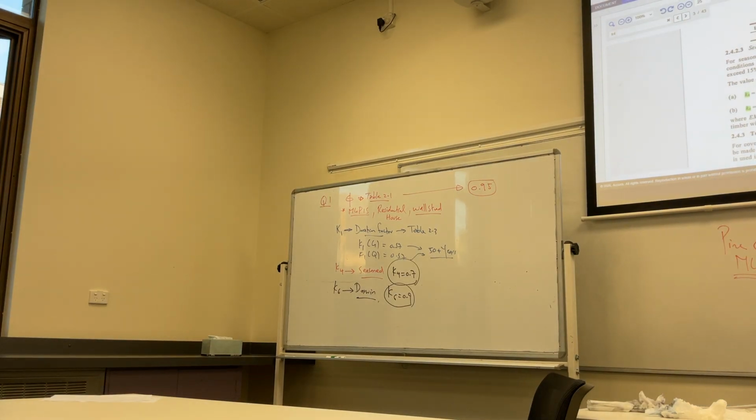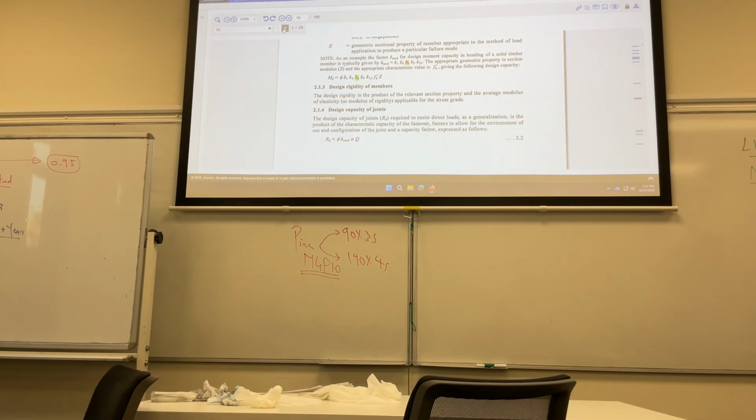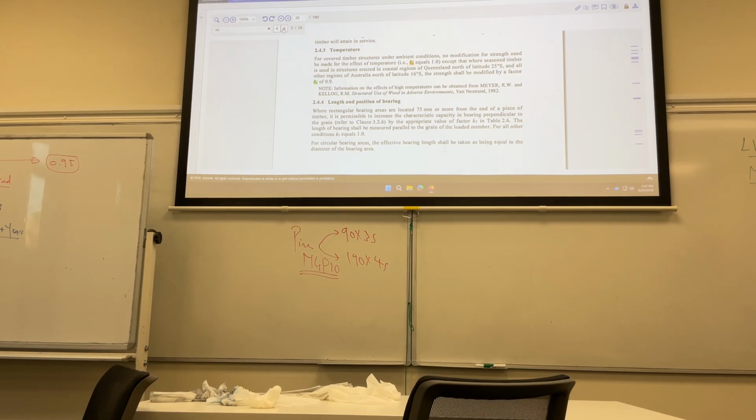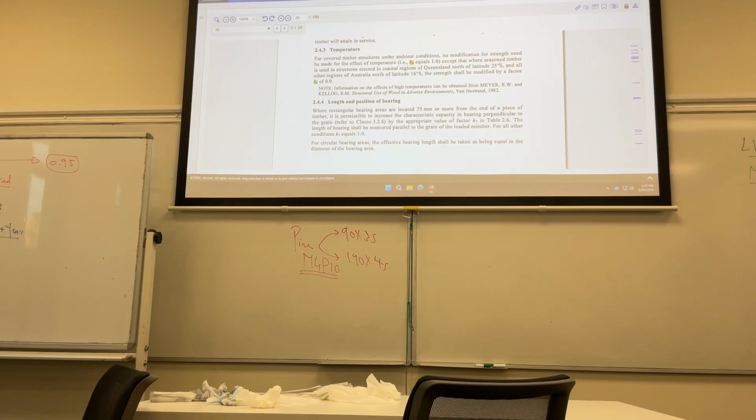If we go to find K6, K6 can be taken as 1 except when seasoned timber is used in structure in the coastal region of Queensland North and all other regions north.